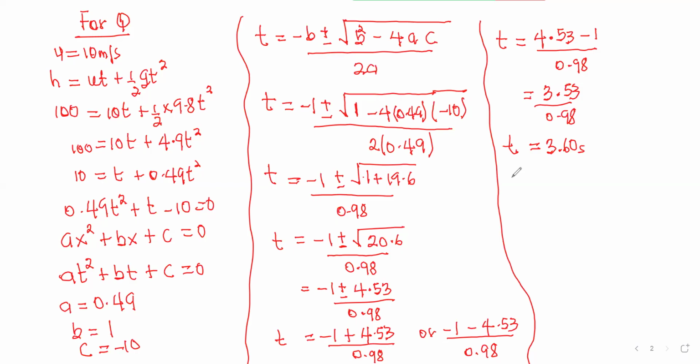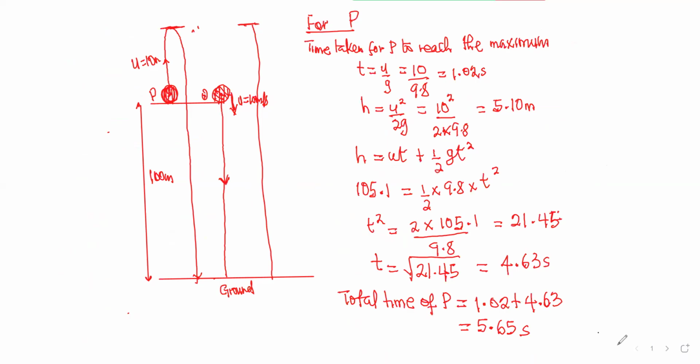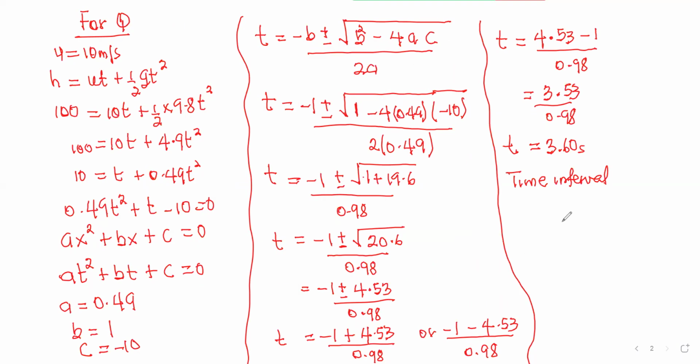Therefore, the time interval between Q and P would be the time of P, the larger, minus the smaller. P gave us the larger time because of its trajectory or path, 5.63.